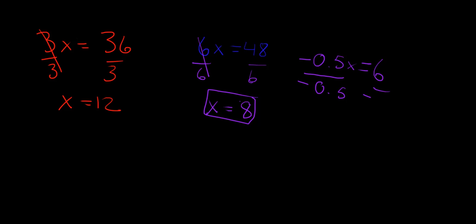So 6 divided by negative 0.5. Basically think about it like this. How many halves are in 6? And there are 12 halves, so our answer is going to be negative 12.